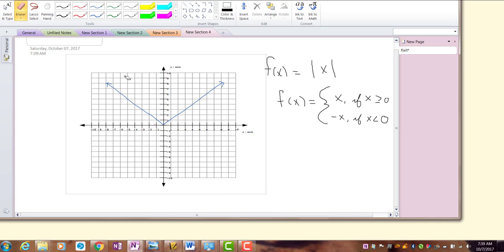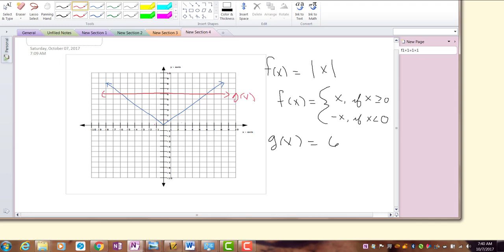Now, what if I said there's this function called g of x, and that this function g of x is equal to 6? Okay, what does that mean? Well, that's a horizontal line, and it is going that way. There's g of x.